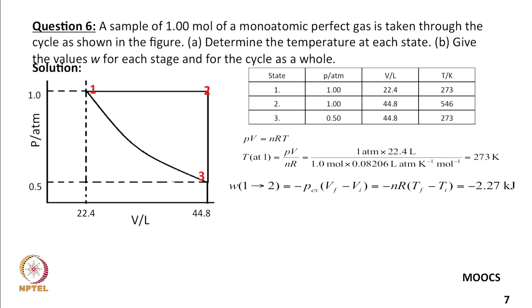Since PV is equal to nRT has to hold, you can also write this as minus nR into Tf minus Ti. Now, you can substitute any data. You can substitute the volume data or the temperature data, you will get the same answer. So, W 1 to 2 turns out to be minus 2.27 kilojoule.